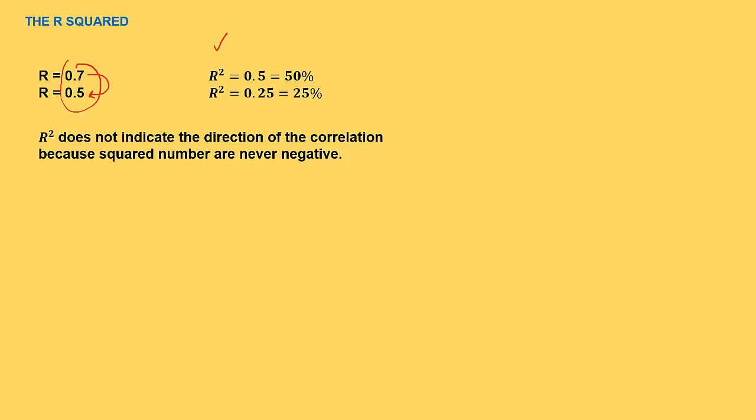But if you take R square of these values, R square of 0.7 is about 0.5 and R square of 0.5 is 0.25. You can observe here this 0.5 is 2 times 0.25. So you have to be very careful when comparing R and R square.